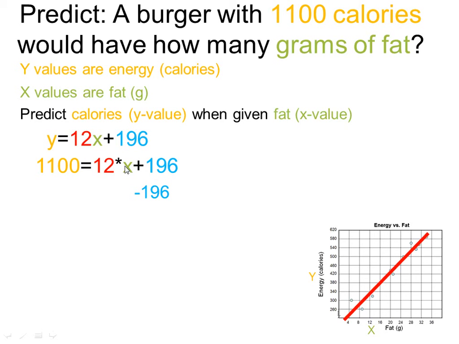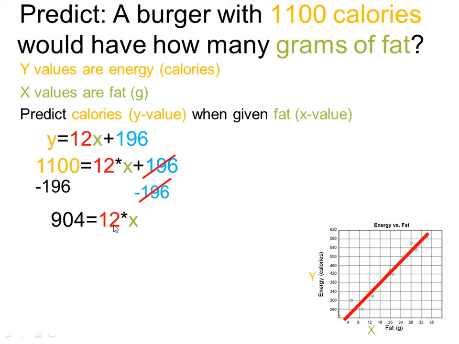Now, again, we need to get x by itself. To do that, we need to subtract 196 from both sides. So plus 196 minus 196 cancels out. Then we take 1,100 minus 196, and we get 904 is equal to 12 times x. Now, to get x by itself, notice this is 12 times x.